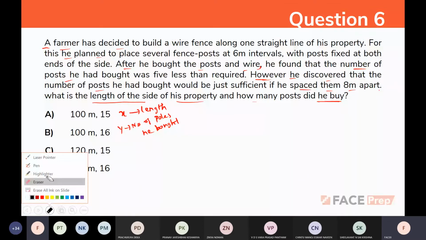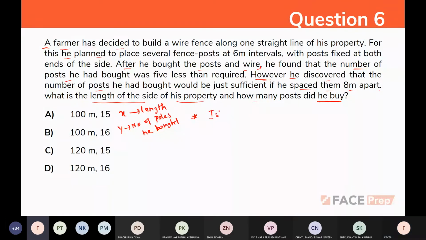So here is how we can do it. There are two cases, right? The first case is 8-meter apart distance. The second case is 6-meter apart, which is the distance between the poles. So we have two cases.